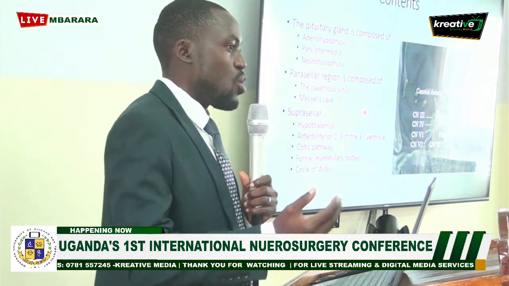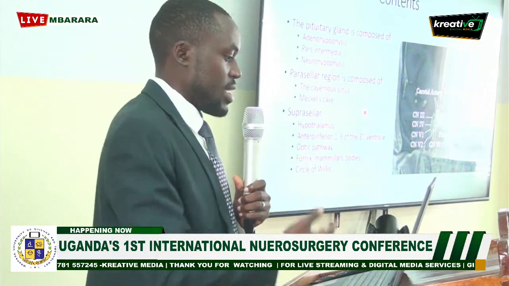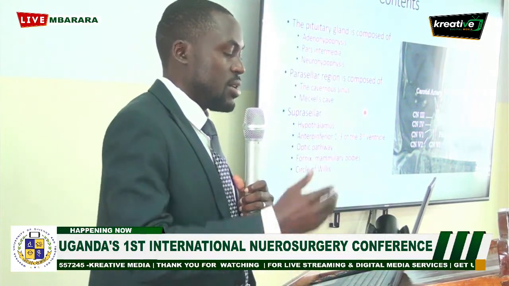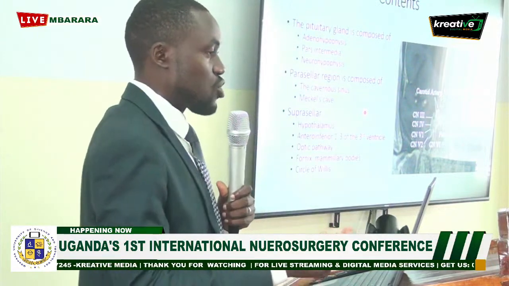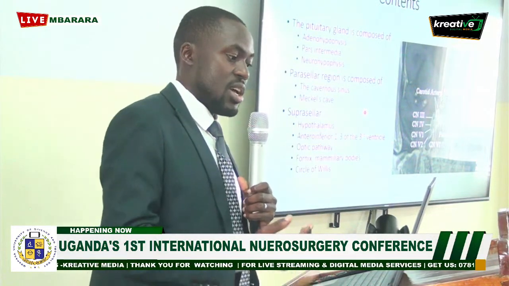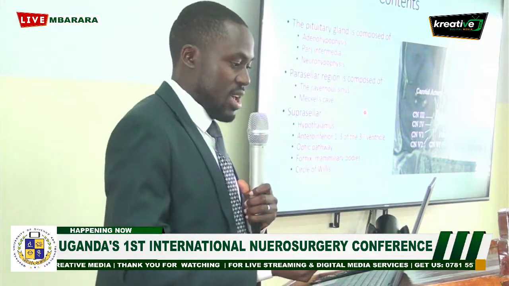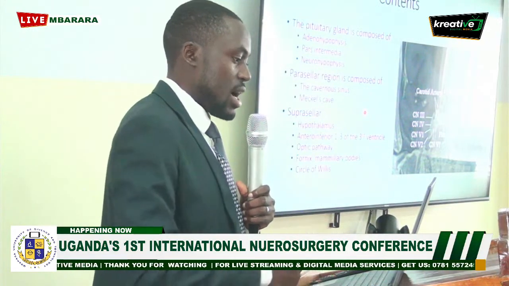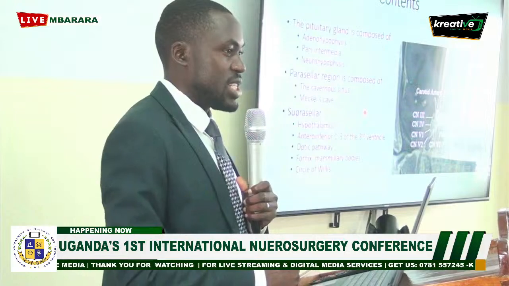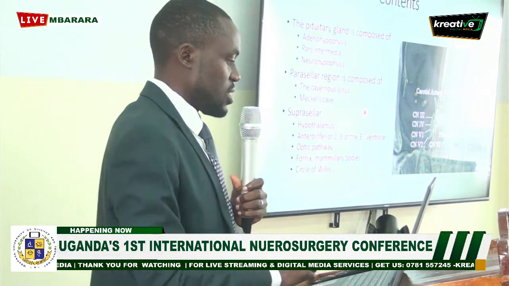And we know what each of these produces, mainly the anterior pituitary with focus on the trophic hormones, ACTH, FSH, LH, and then prolactin, while the posterior pituitary is mainly ADH and oxytocin.